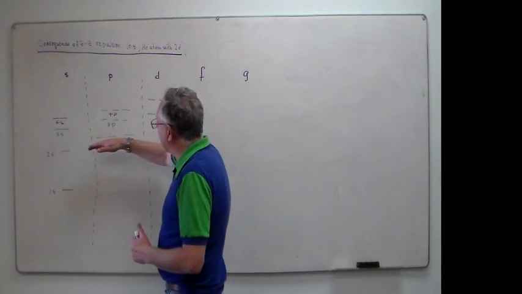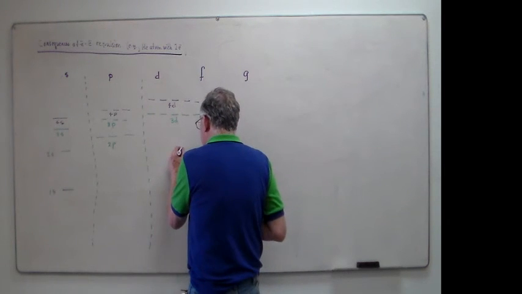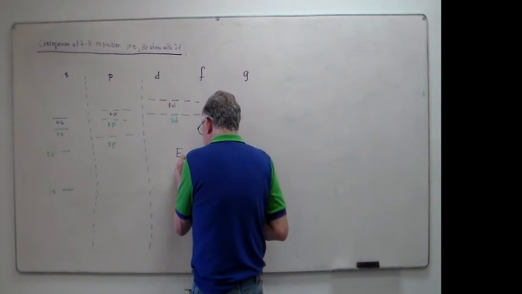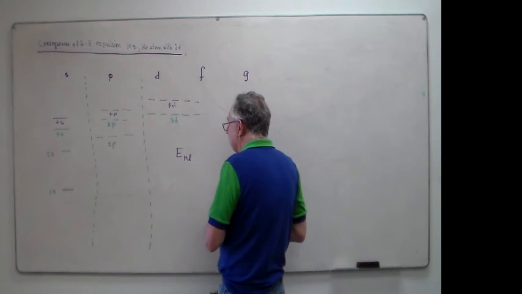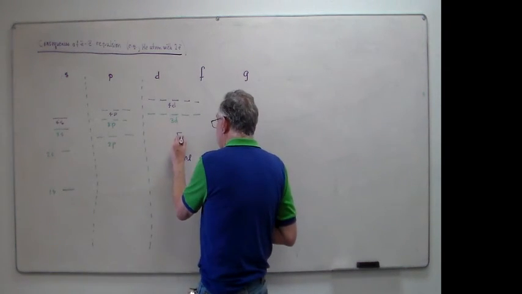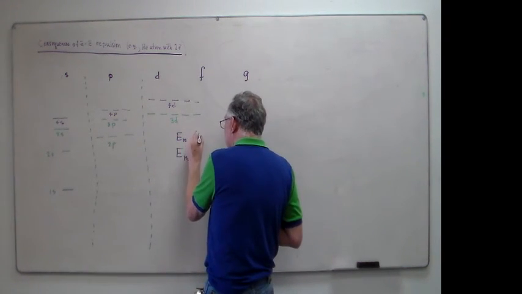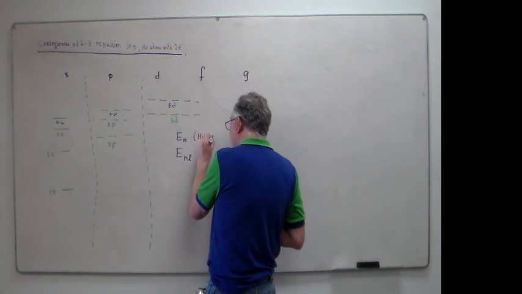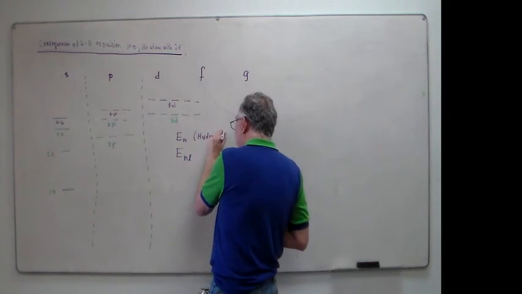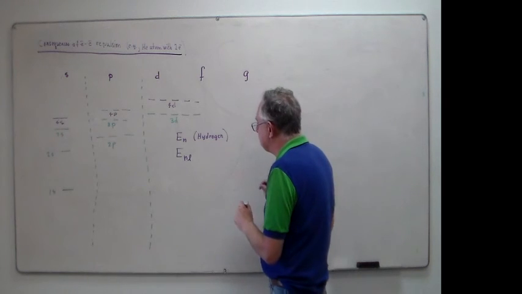Because now the energies E don't depend on just N. So this is hydrogen. Energies depend only on the principal quantum number.